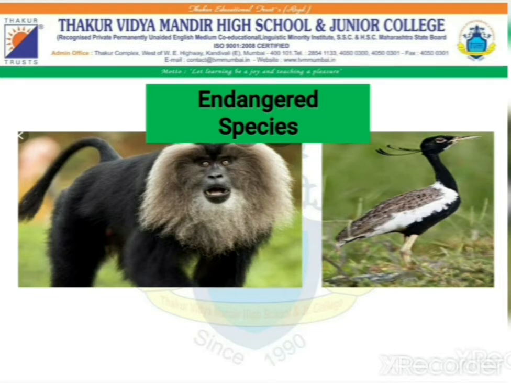That means either the number of these organisms has declined or their habitat has shrunk to such an extent that they can become extinct in the near future if conservation measures are not implemented. So these species are called endangered species.